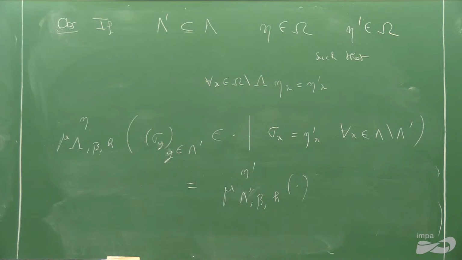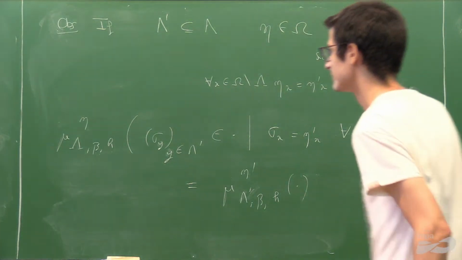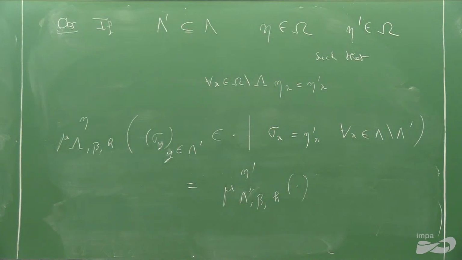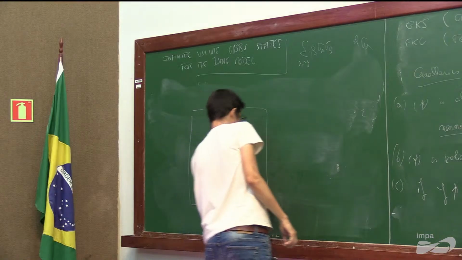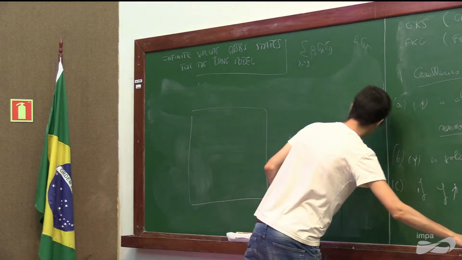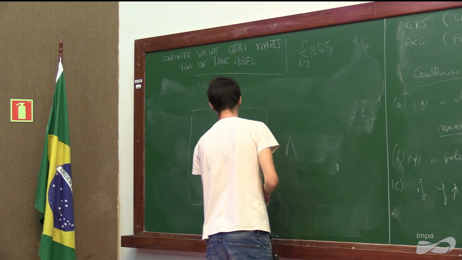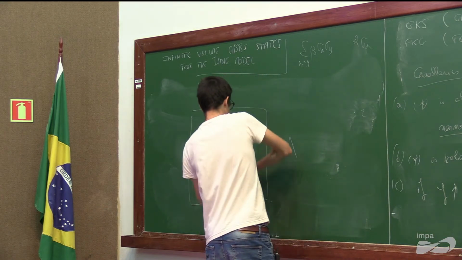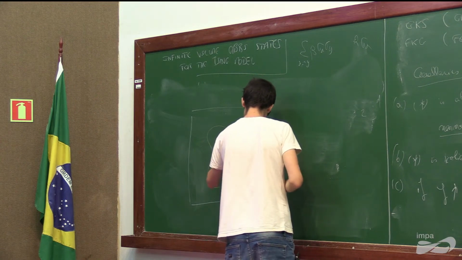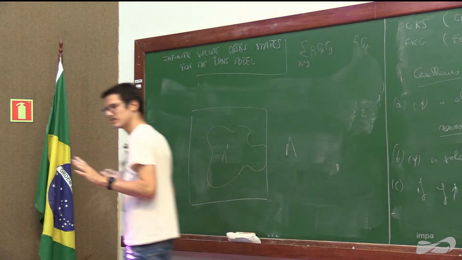Okay, so let me just do an illustration. So let's assume that I have lambda, which is like this, lambda prime, which is this subbox. It might even touch lambda somewhere. The boundary might touch.